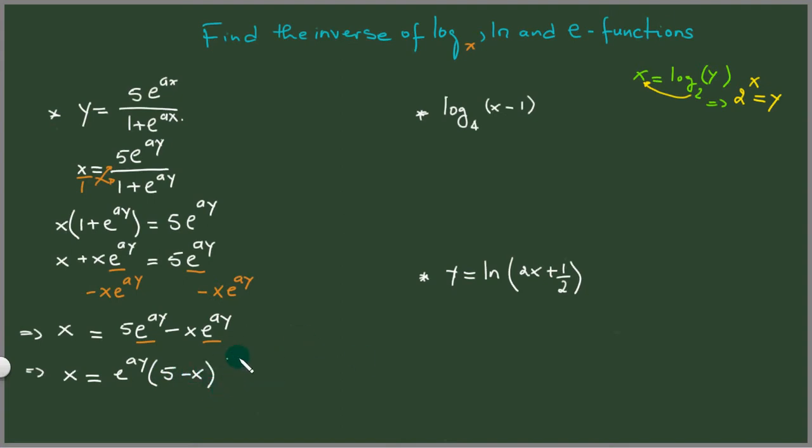All right, and now there is something we can do. What we're looking for is this term here, y. So we want to write y in terms of x. So we can divide by 5 minus x on this side, and do the same thing here.